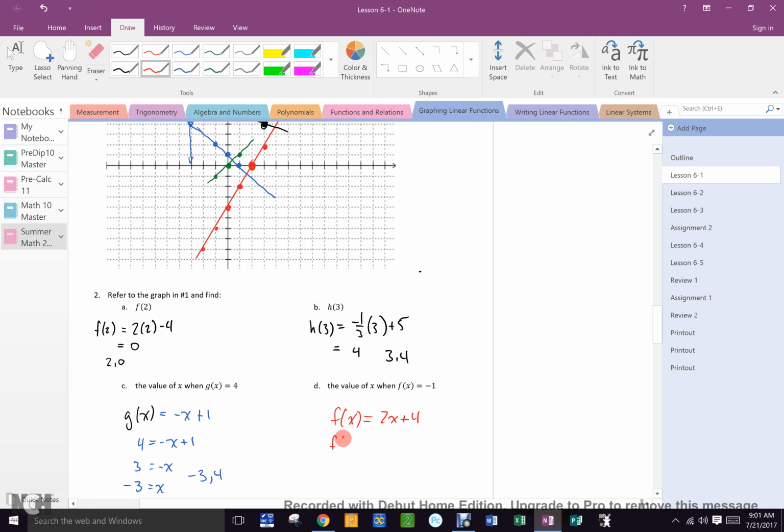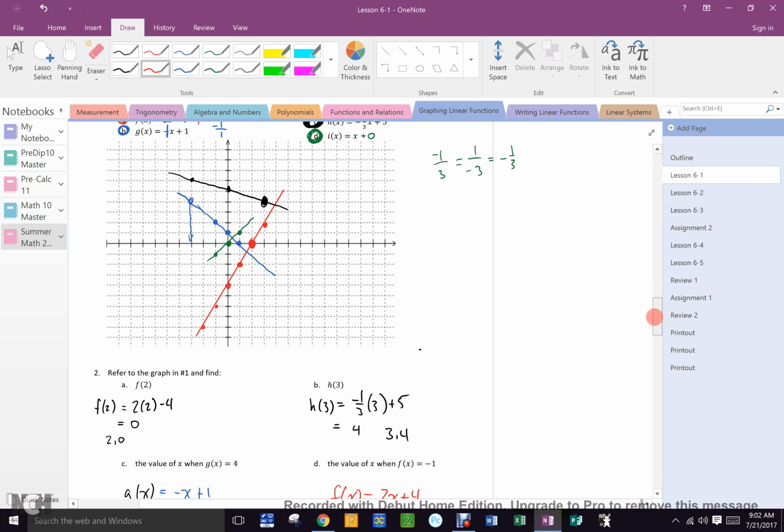But I don't want the f of x, I want the f of negative... Oh, I lie. Where does this negative 1 go? Does it go for x or f? It goes for f of x. Negative 1 equals 2x plus 4. Add 4 to both sides. 3 equals 2x, and x equals 3 over 2.